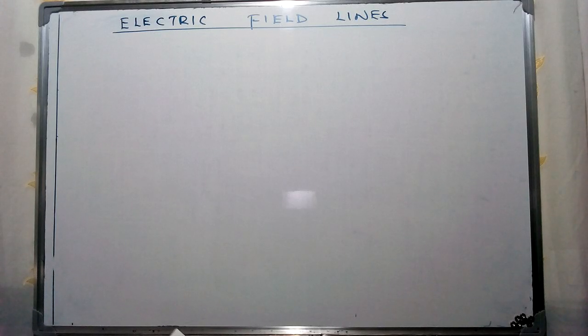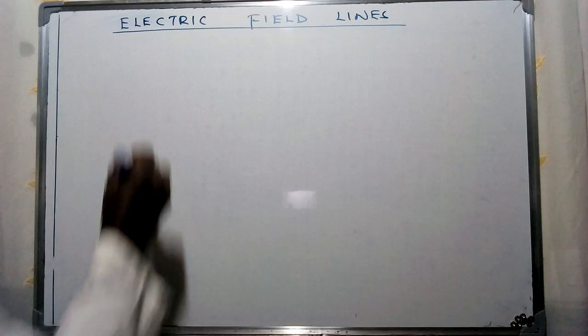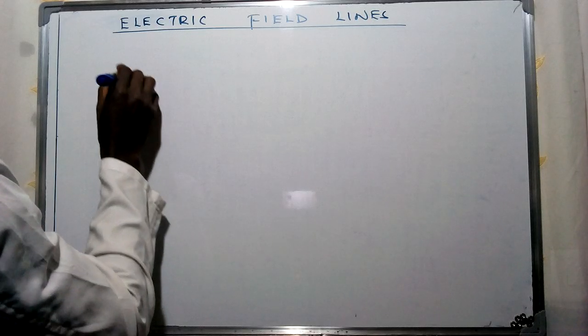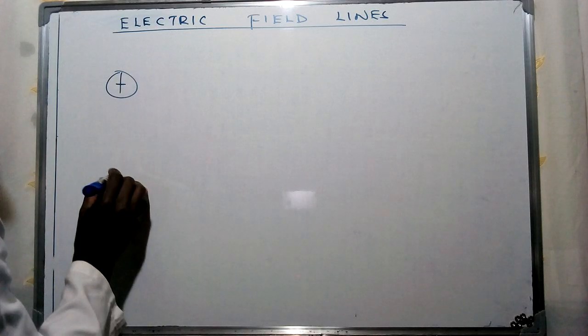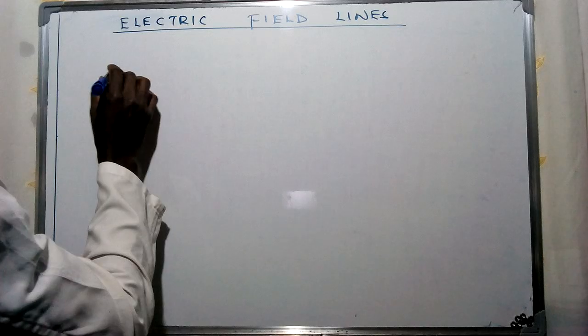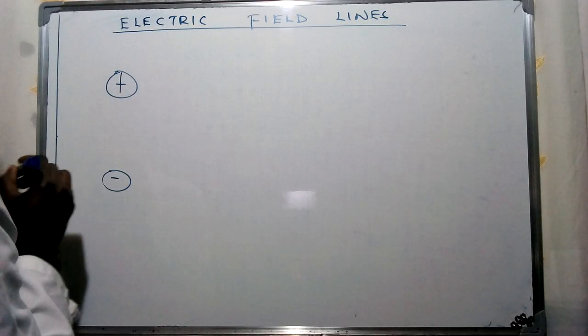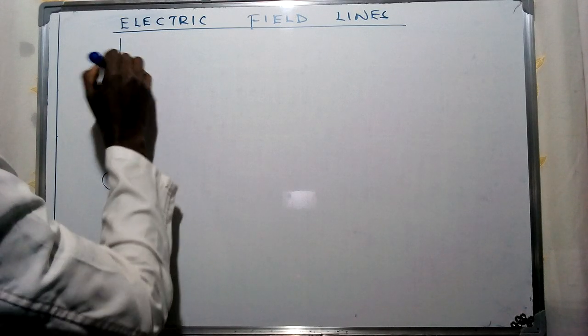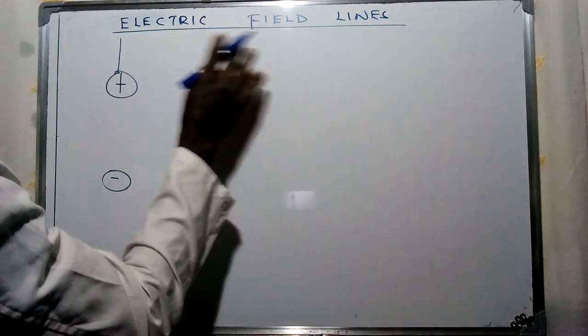Now, in this particular case, I'm going to consider the concept of the two charges which we had mentioned. I've given an example of a positive charge and a negative charge. And we have decided that these specific charges are going to have what we call electric field lines.